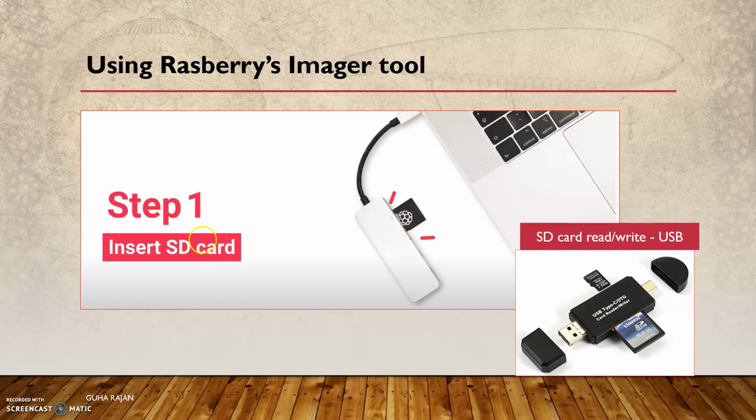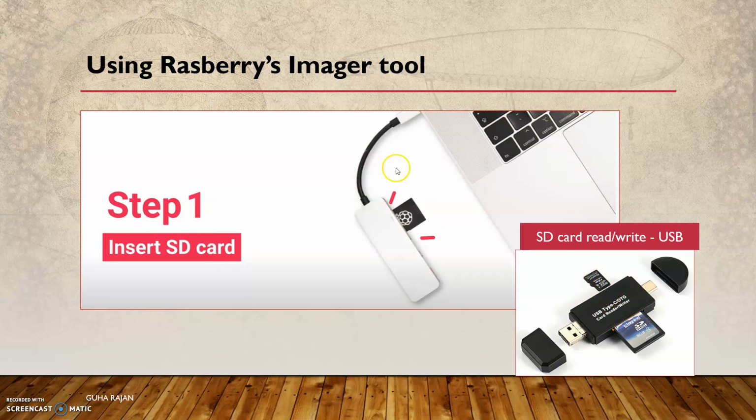So step one, using the Raspberry imager tool. First and foremost, you need to download and install the Raspberry imager tool. Once you have installed it, you need to have the SD card inserted. So this is an SD card adapter, and this is a micro SD.